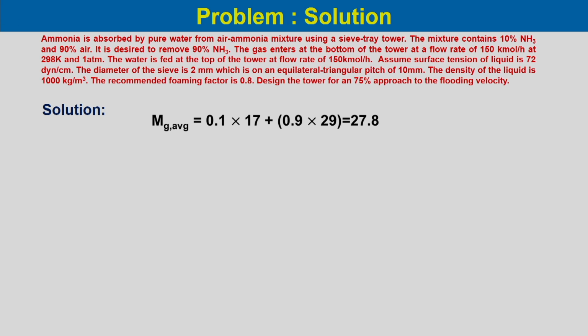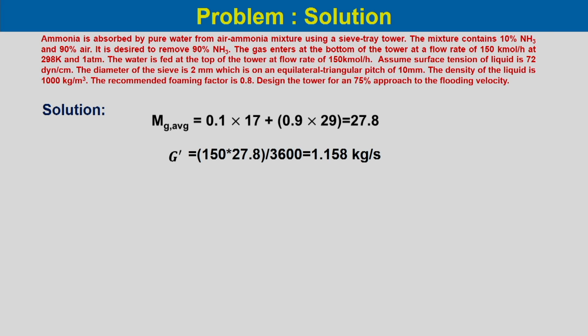So, we can calculate the average molecular weight for the gas mixture which is given. We have 10% ammonia, 90% air. So, 0.1 into 17, the molecular weight of ammonia, plus 0.9 into 29. So, it is 27.8.